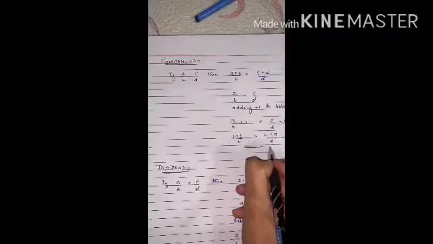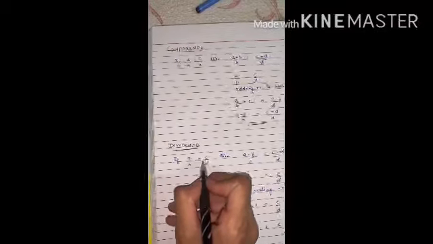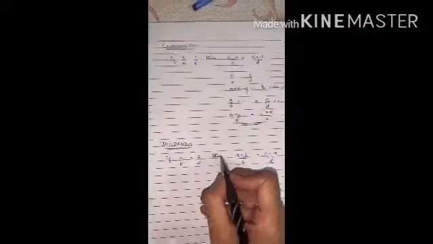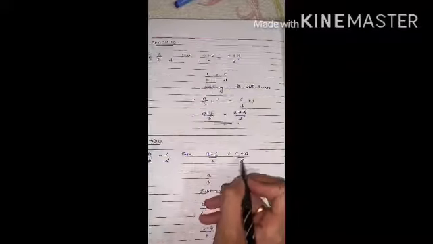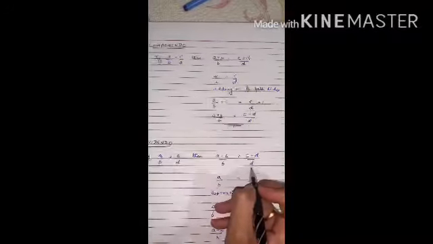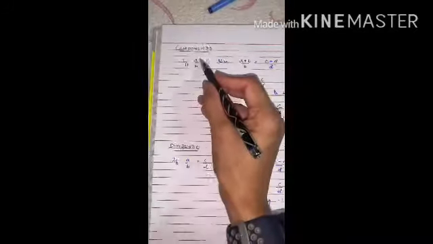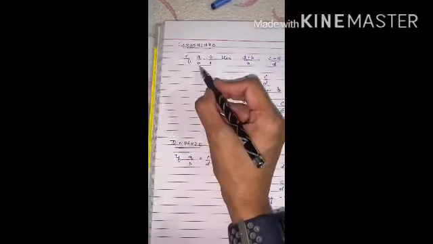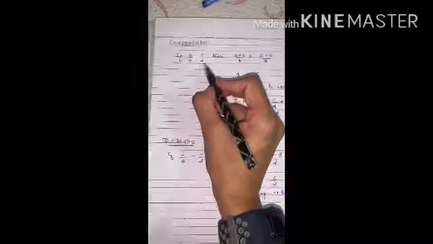Now let's understand Dividendo. If a/b = c/d, then (a-b)/b = (c-d)/d. Dear children, remember for Componendo it is plus: numerator plus denominator divided by denominator equals numerator plus denominator divided by denominator.